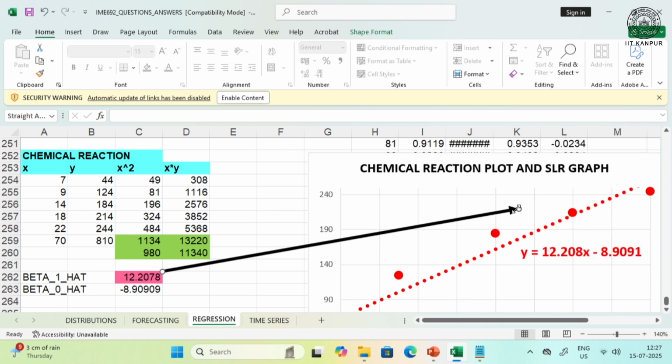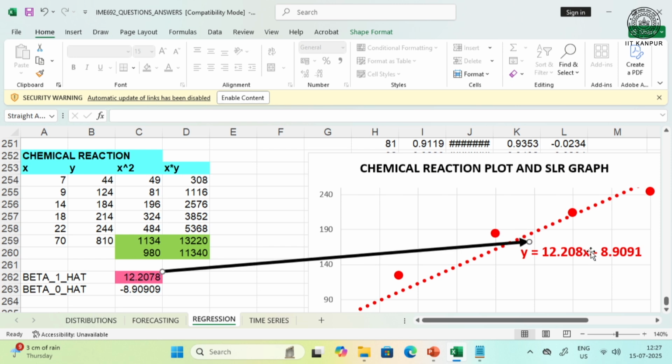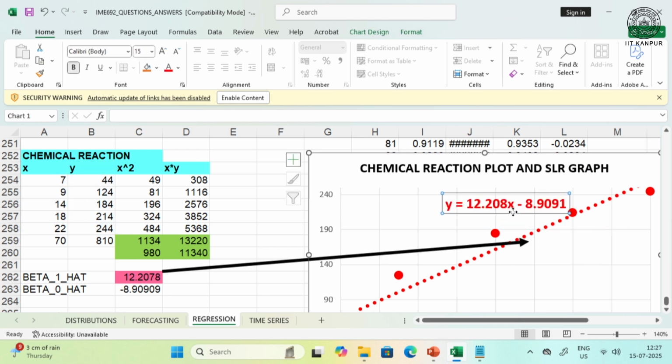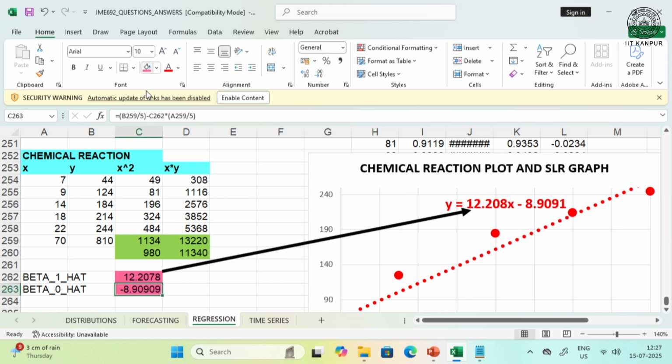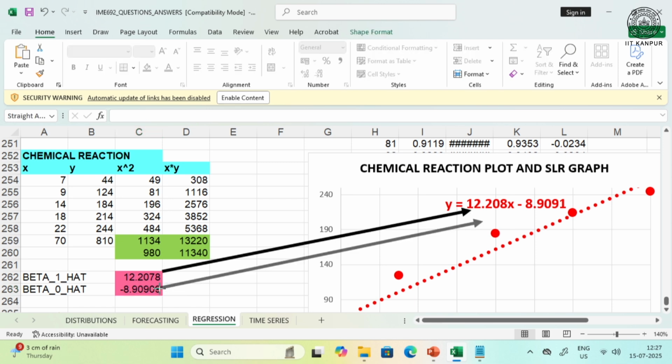Yes, now it makes sense. Yes, done. If you see this value, this should also be made pink. And if I check this value, minus 8.91, this is the value which you already have. So this is the best fit line which you have found out.